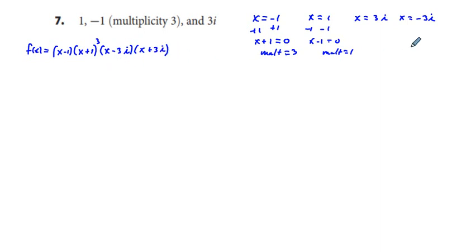And so that's what that one is going to be. If we multiply all this together, we're going to get a very high degree polynomial out of this one. And let's see what we get here.